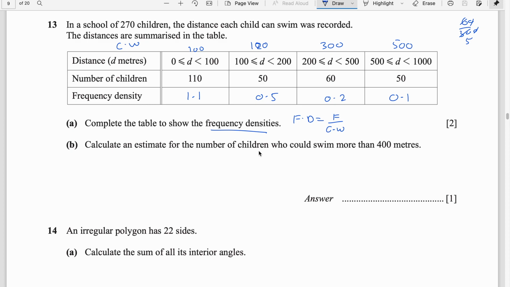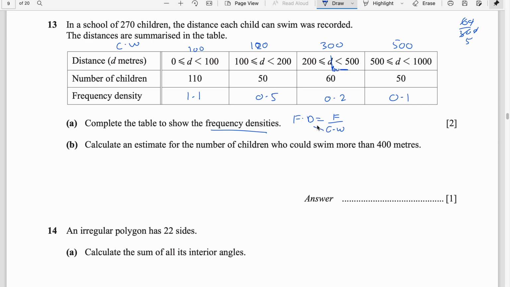Calculate an estimate for the number of children who would swim more than 400 meters. So more than 400 meters. 400 lies somewhere here. So from 400 to 500, it is a width of 100.